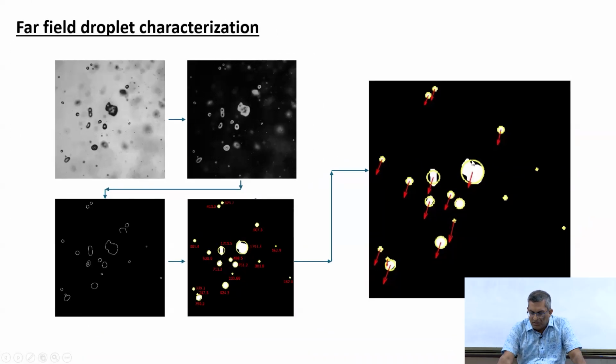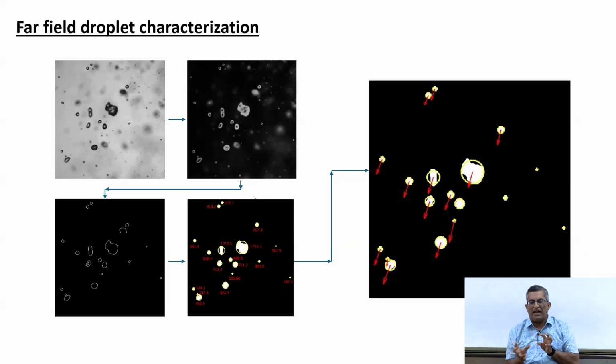Then we can define an equivalent diameter for all particles, even if they are non-spherical. So, this is an advantage here. Even if the particles are non-spherical, you can measure their size. You can define, let us say, a circle equivalent diameter from the projected area. What you see here actually is the projected area of the particles.